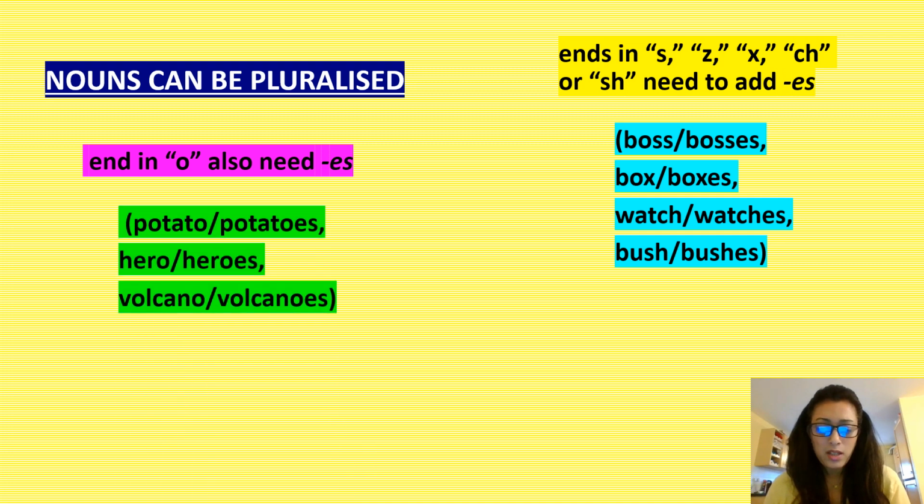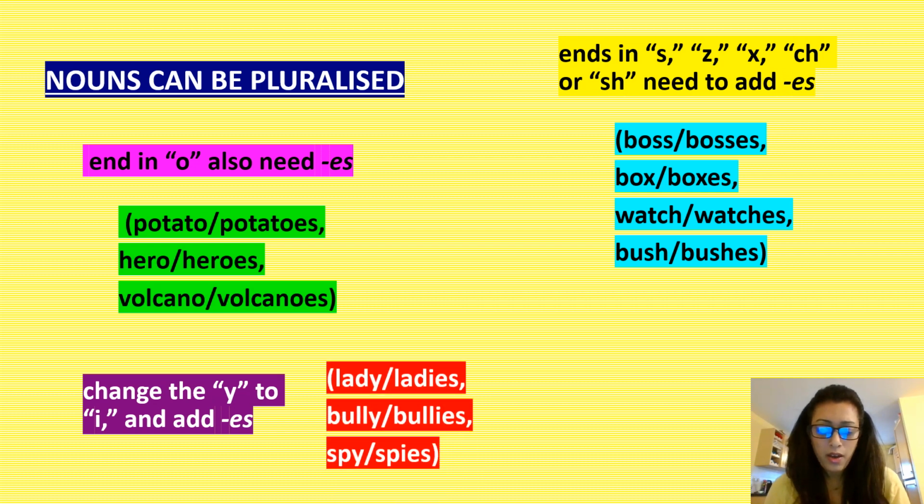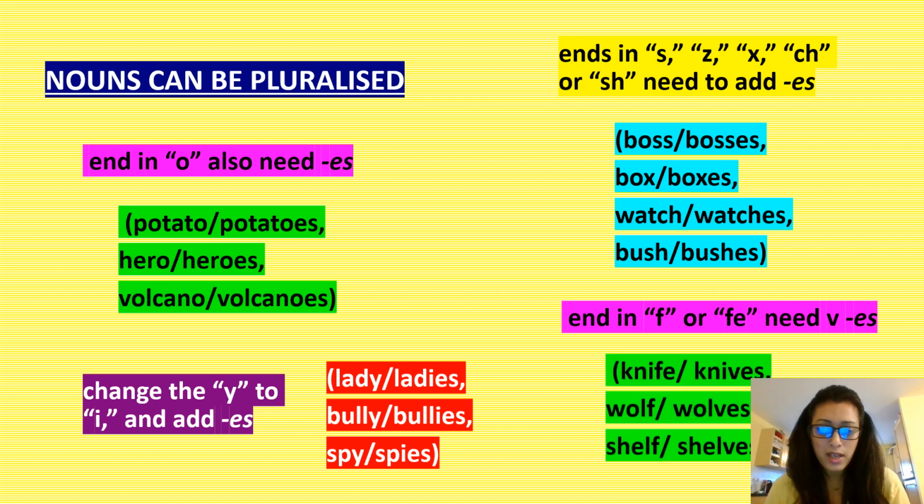Certain nouns that end in o also need es to become plural. For example, potato, potatoes with the es, hero becomes heroes, volcano becomes volcanoes. Now, for nouns that end in Y, change the Y to I and add ES.